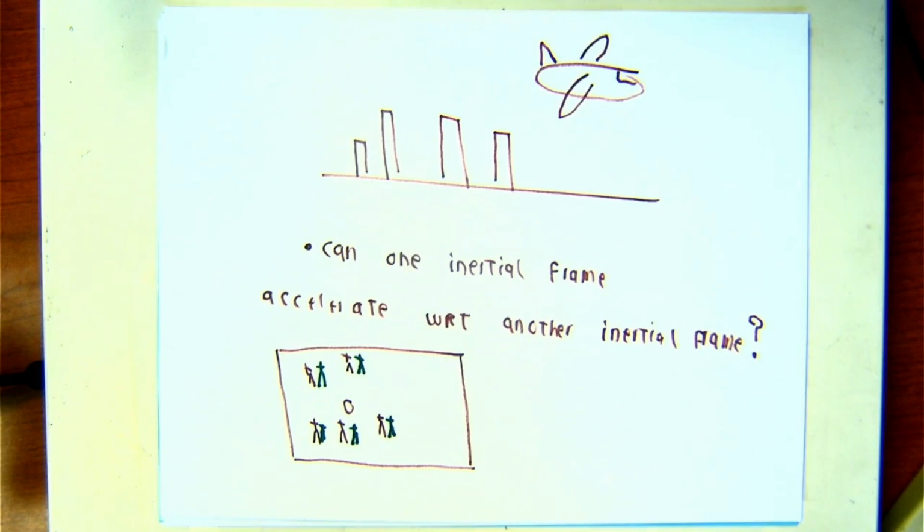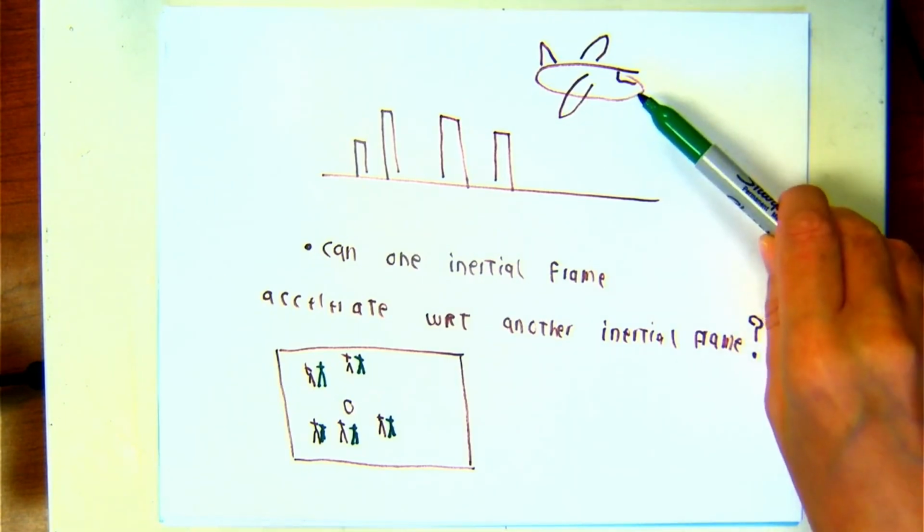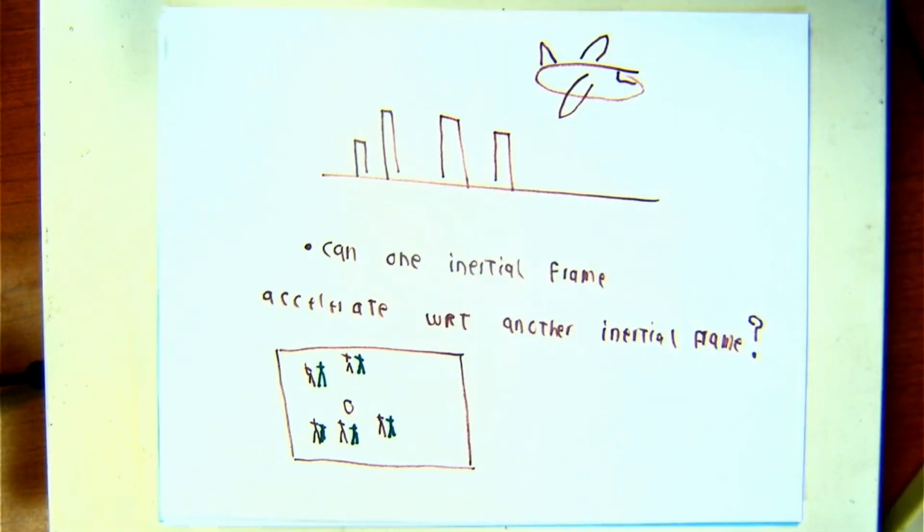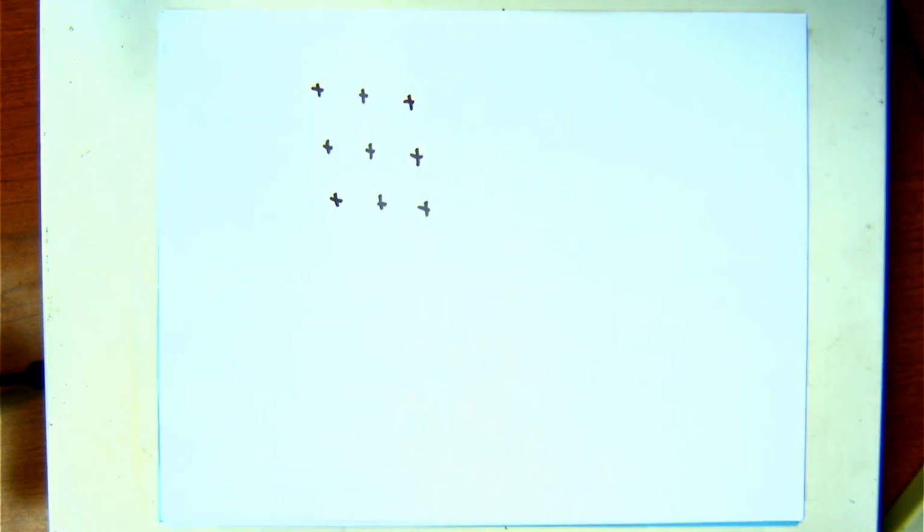On the other hand, inside my airplane and on the ground, we at least more or less have inertial frames. Inertial frames can move with respect to each other, but they can't accelerate with respect to each other. So let's suppose I have an inertial reference frame.